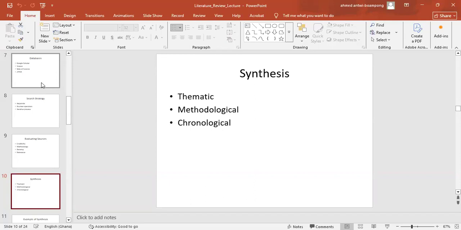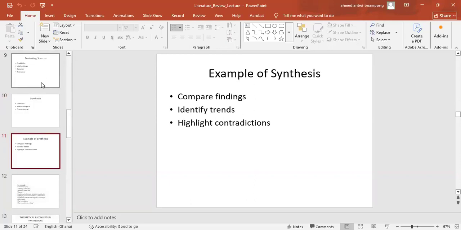So therefore, you identify a gap, and so your work, you want to embark on an exploration to do a qualitative research that would interview faculty members to get rich feedback from their lived experiences using blended learning adoption, okay? And so you can synthesize your review according to methodology, thematically, and also chronologically, okay?